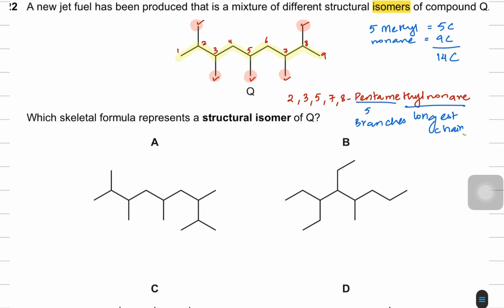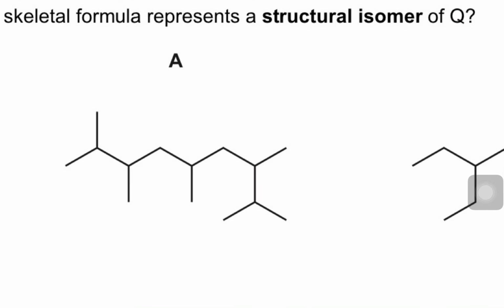Now let's go to each option individually. Let's go for option A. You can see your longest chain starts from the left and continues to grow like this. Remember, you have to find the longest chain. If you found the longest chain like this, that would be wrong, because then you would be missing 2 more carbons. So your longest chain is like this.